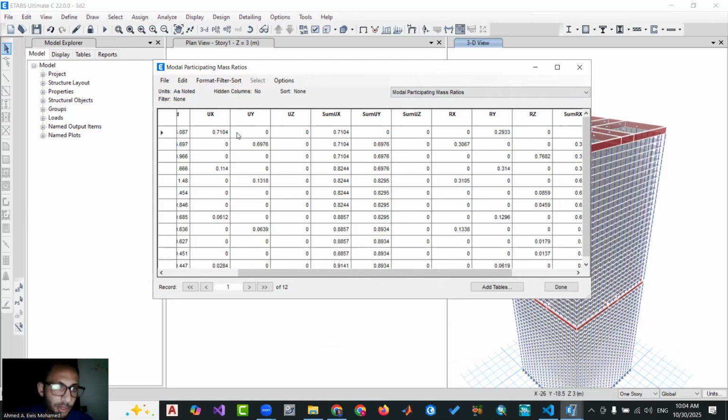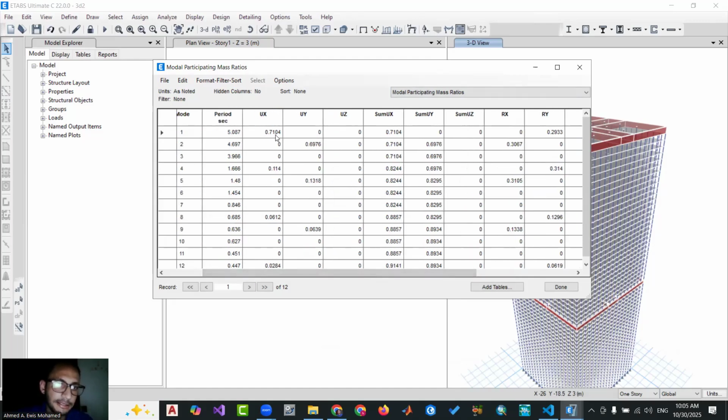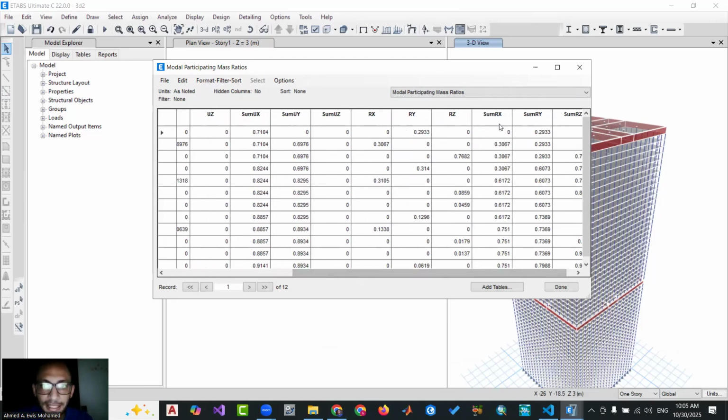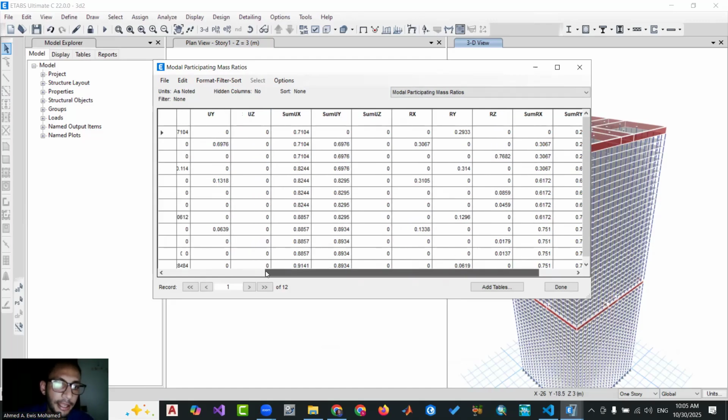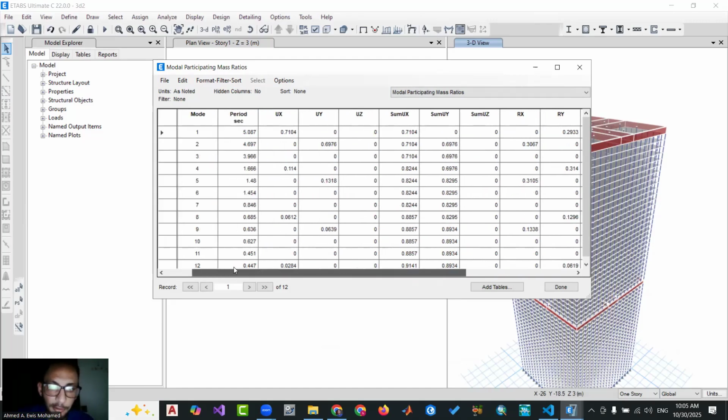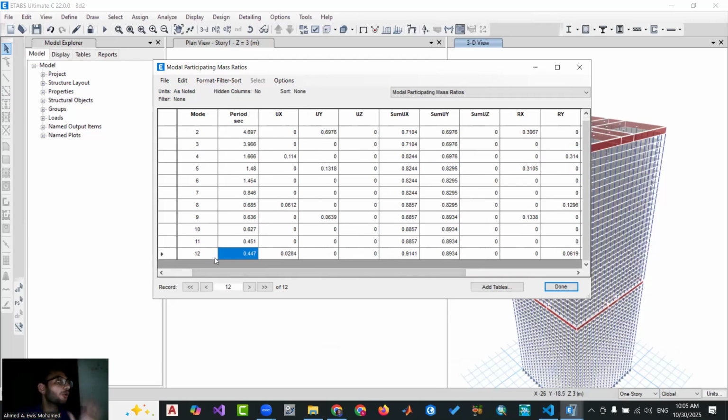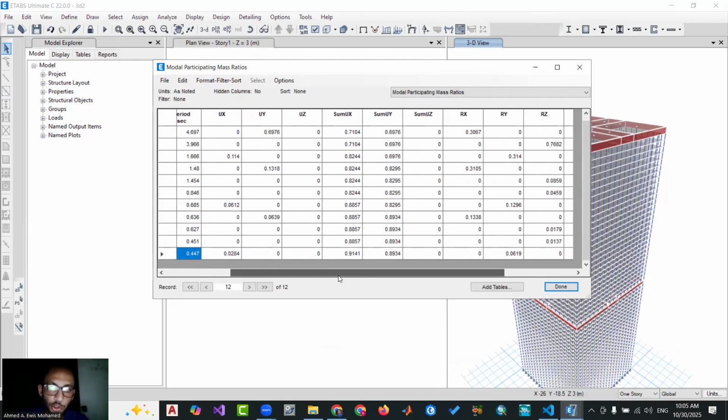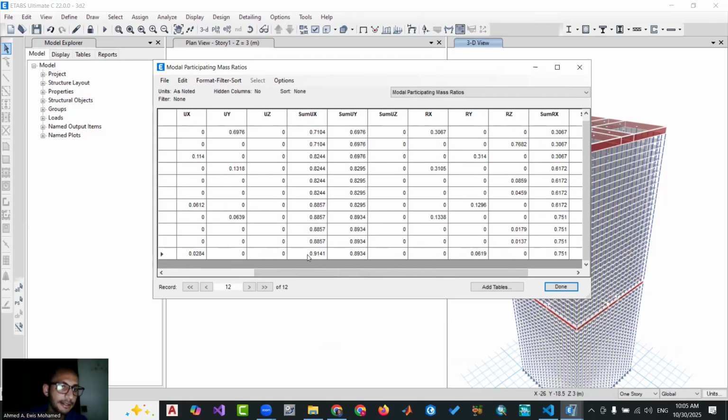So here you can see that UX is 0.71, as I told you. What I'm caring about here is the summation of these values. If you go down, you will find I have only 12 modes. You should go to the summation of UX; this number must be more than 90%. This is the standard. Okay, if it's less than this, what should I do?